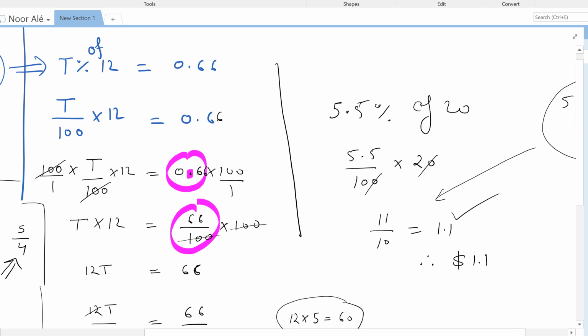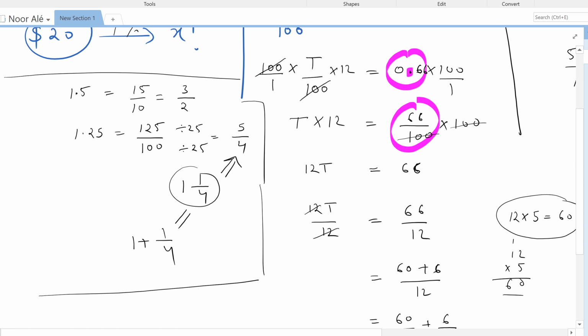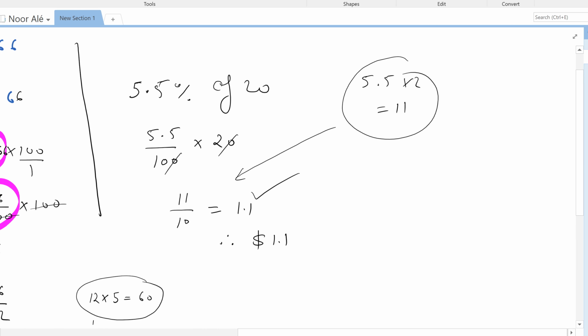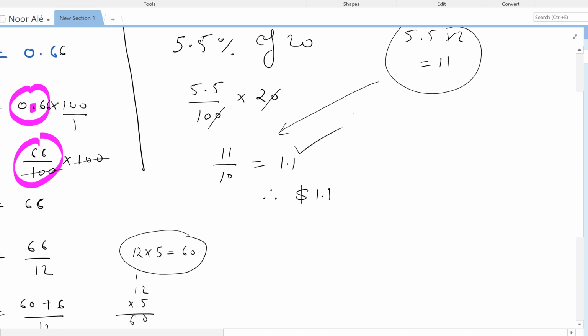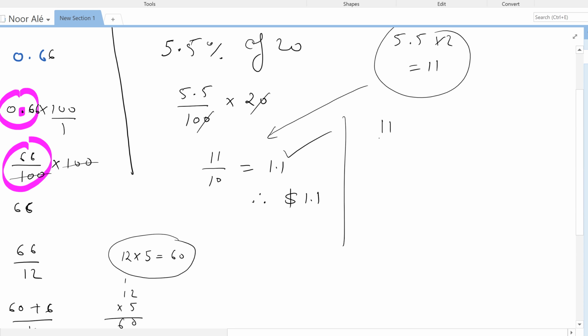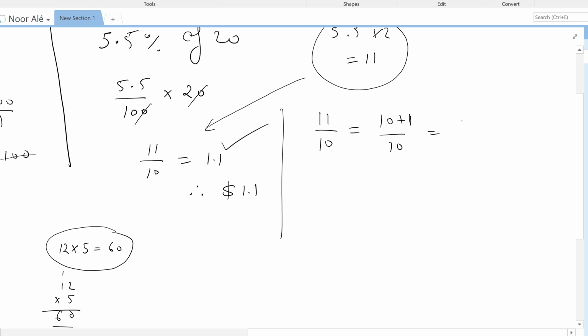And then the 10 disappears, right? So you don't write a decimal, and I can even break down the reason behind it. Now 11 out of 10 means 10 plus 1 over 10, right? So that can be written as 10 over 10 plus 1 over 10.